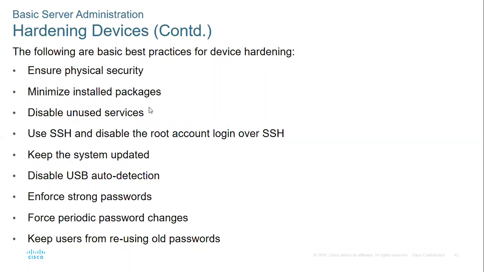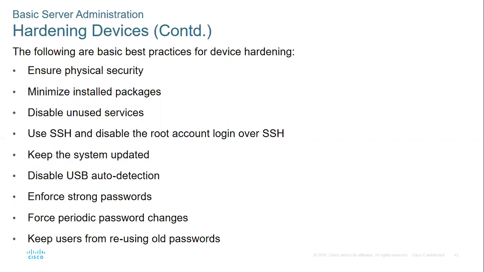So we have the following basic practices for hardening devices. One, we have to ensure physical security. Physical security means that the server room in your organization is well protected.